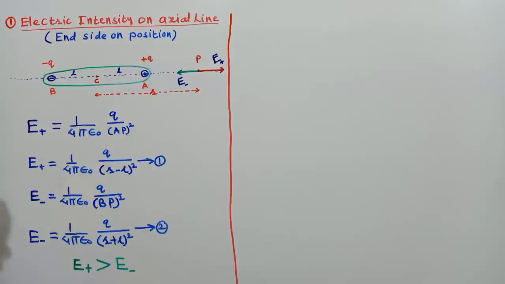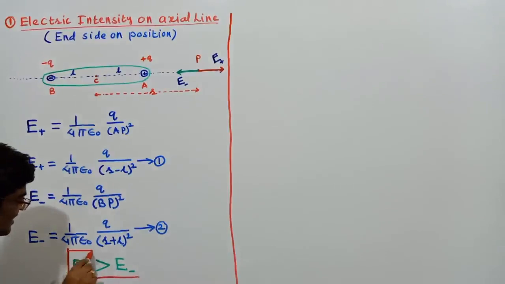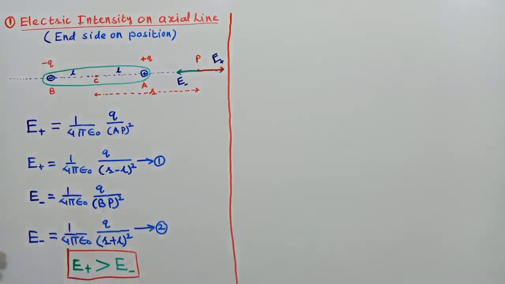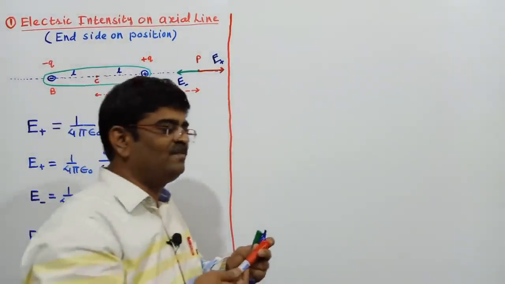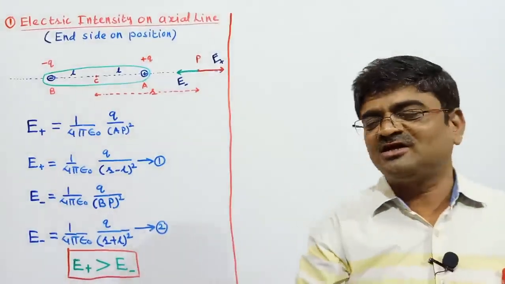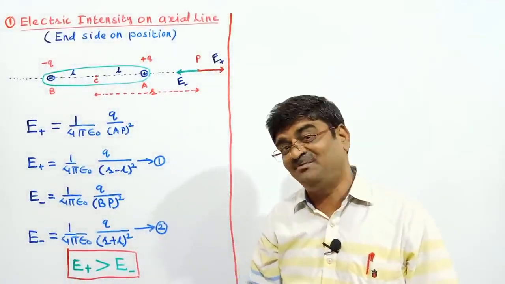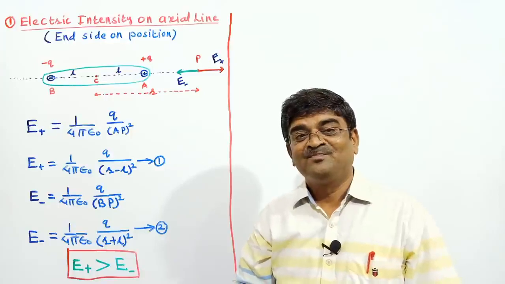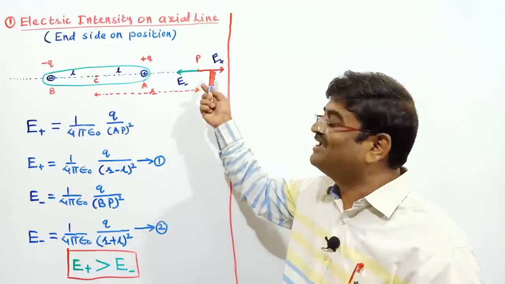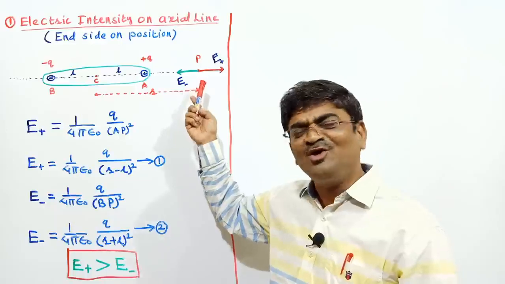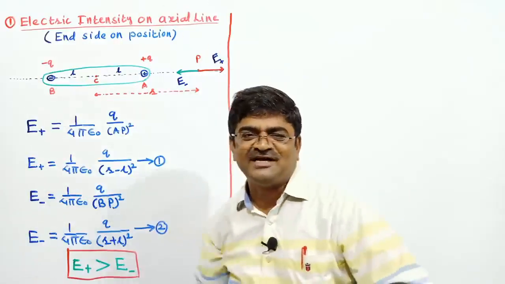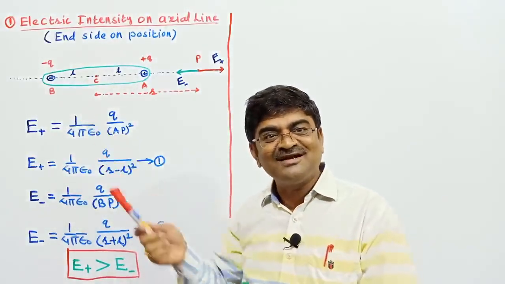So what is the important thing I have written? Look here. Electric intensity contributed by the positive charge of the dipole is more than that of the electric intensity contributed by the negative charge of the dipole. My P being over here, you can think over what if the P is on the other side. It can be on the other side also.